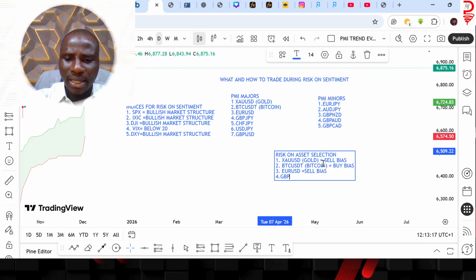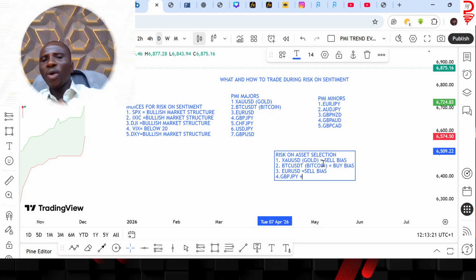Number 4, we have GBP JPY. Good. Now, when you come to GBP JPY, you might need to ask yourself, what is the position of GBP in a risk on? In most cases, if you are not careful, you can confuse the position of GBP during risk on.